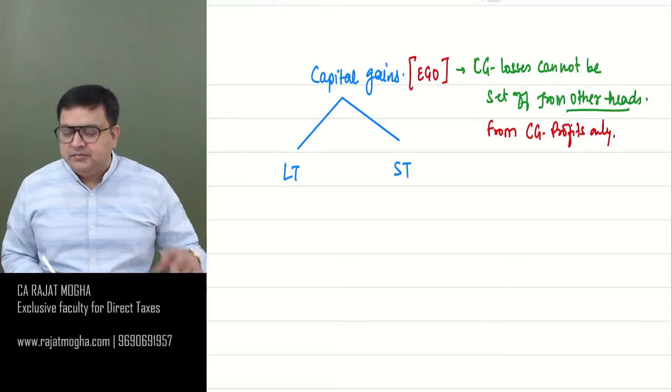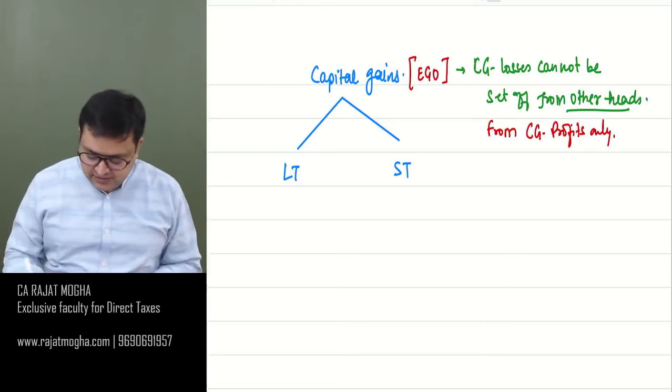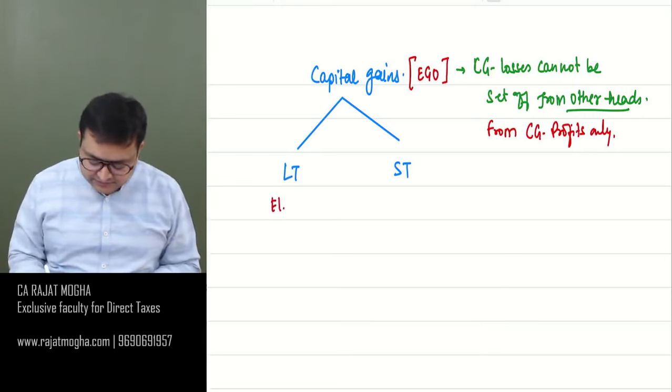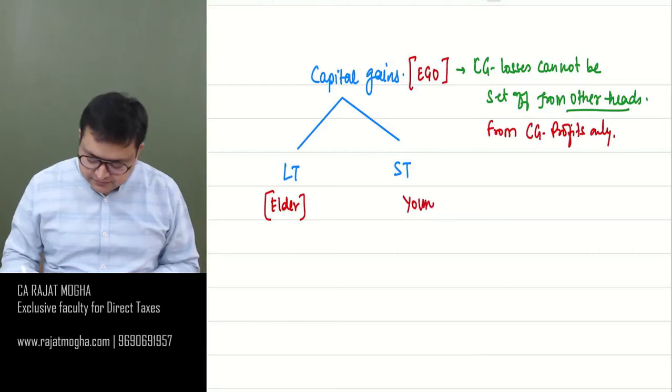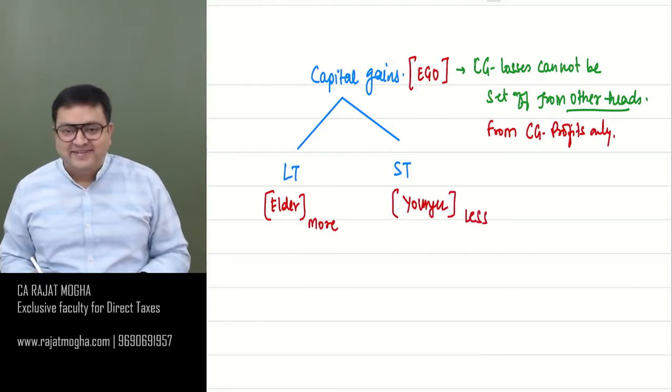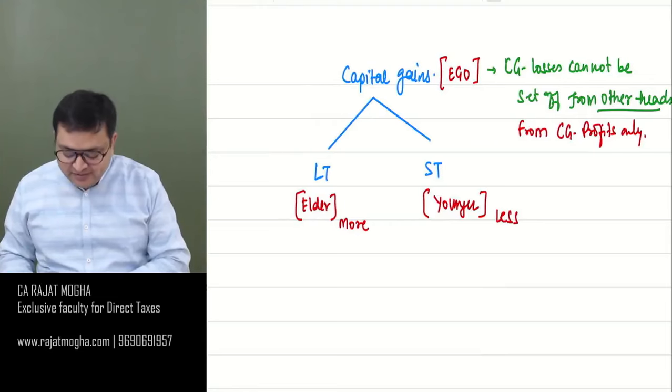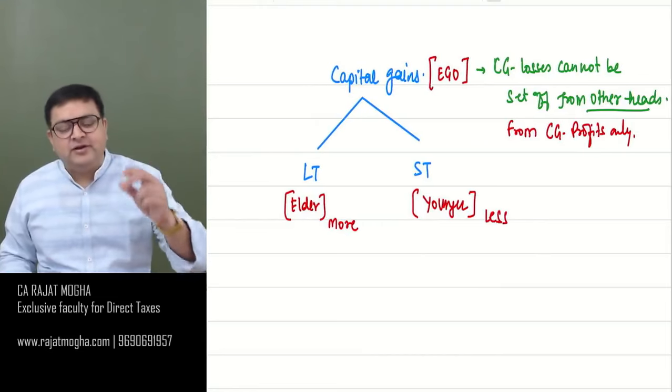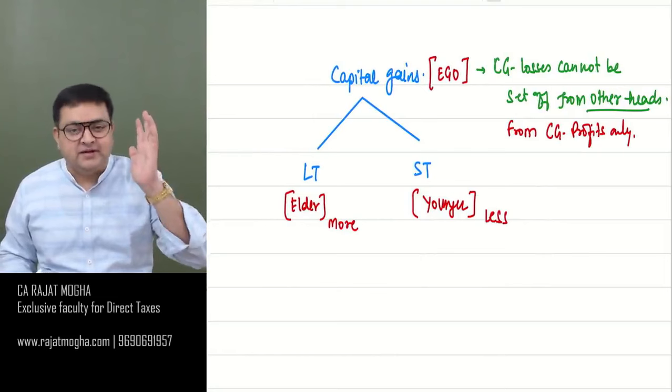Long term is an elder brother, and short term is a younger brother. So the elder brother has more ego, the younger brother has less ego. What does it mean? Long term will not take help even from his younger brother.